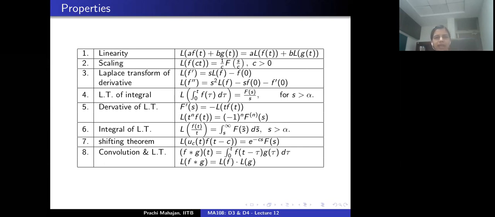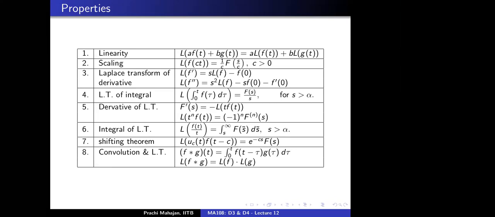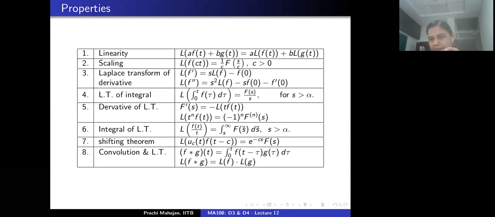Point number 7 is the shifting theorem, which we recalled in the beginning of the lecture today. Here u_c is the unit step function. We agreed that translation of the function f by a distance c in the positive t direction is equivalent to multiplying the Laplace transform by a factor e^(-cs).